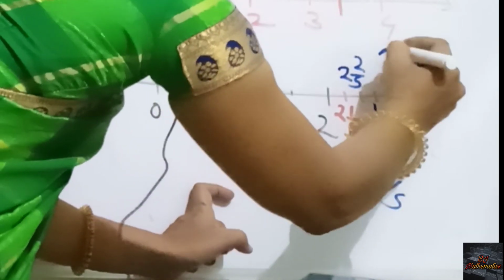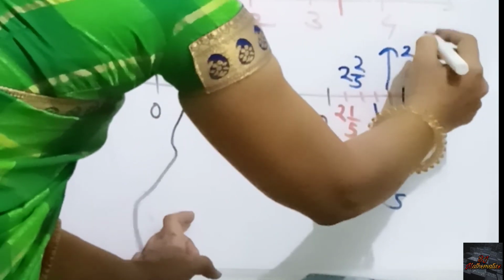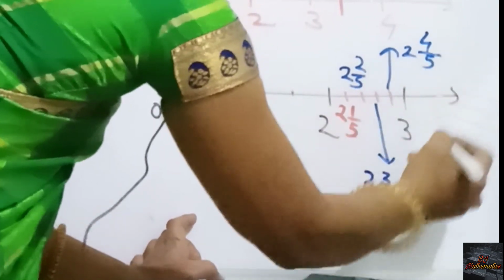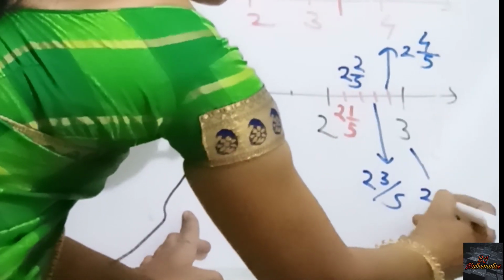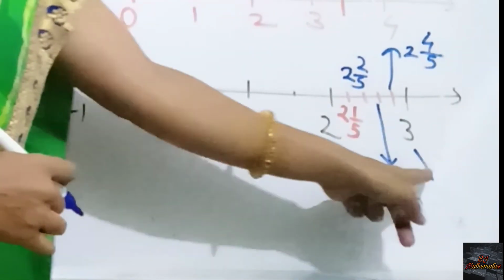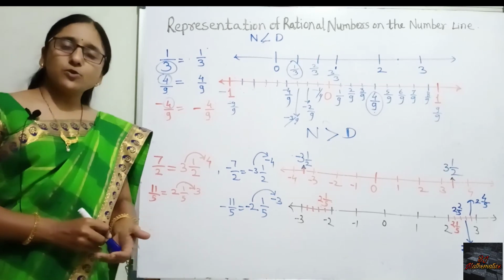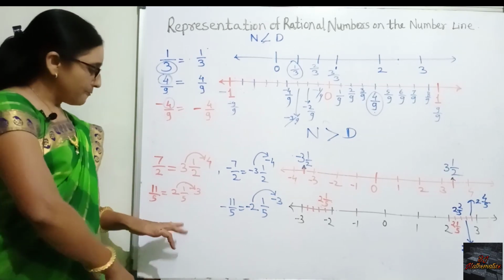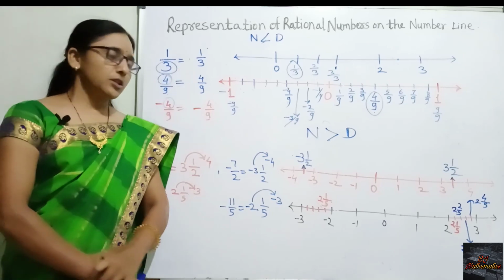The fourth marking after 2 will represent 2 integer 4 by 5. And the fifth marking after 2 will represent 2 integer 5 by 5, means 3. This way you have learnt now how to represent fraction numbers, that is rational numbers, on the number line.